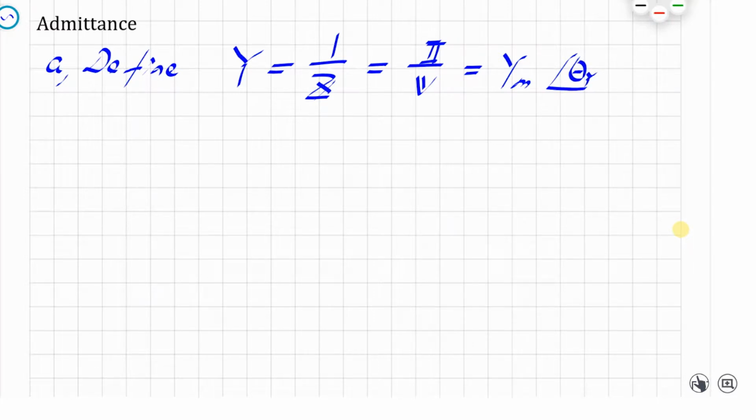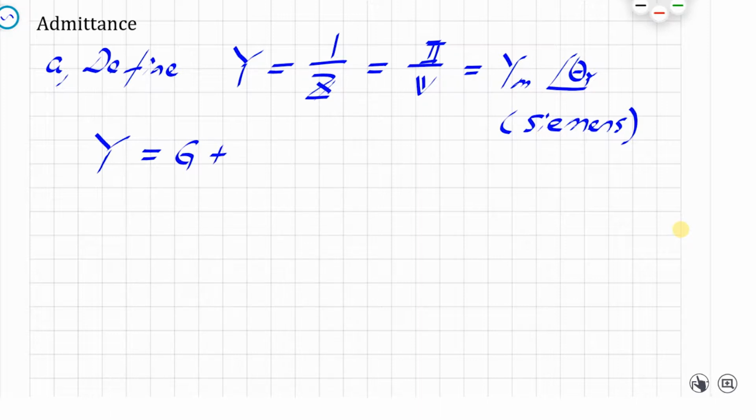The unit is Siemens. Now, in the rectangular coordinate, we express that in real part and imaginary part.